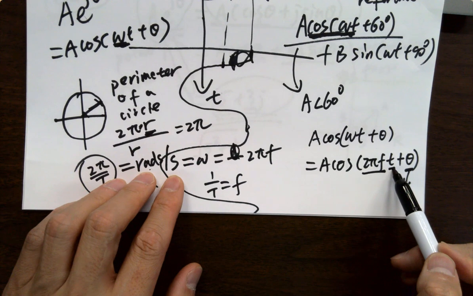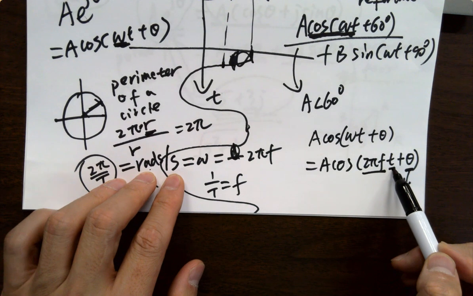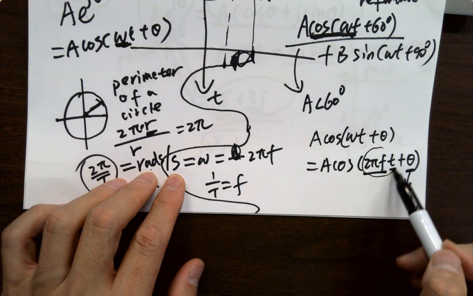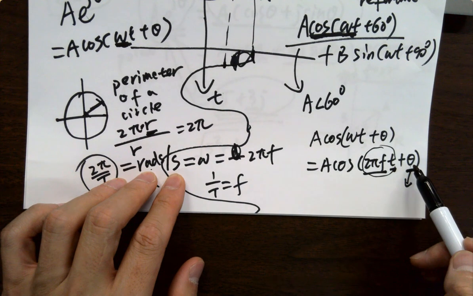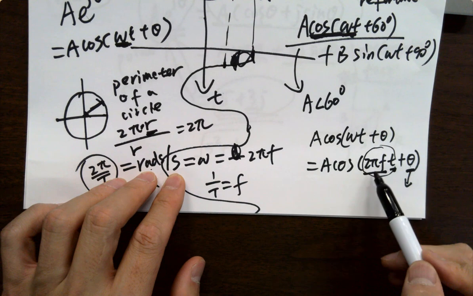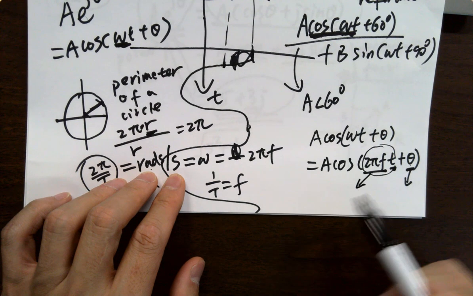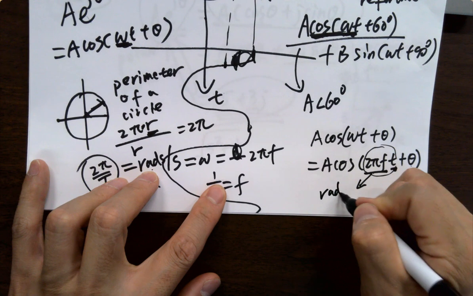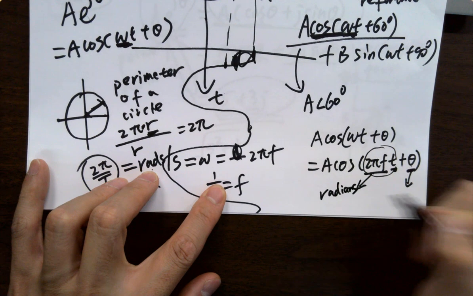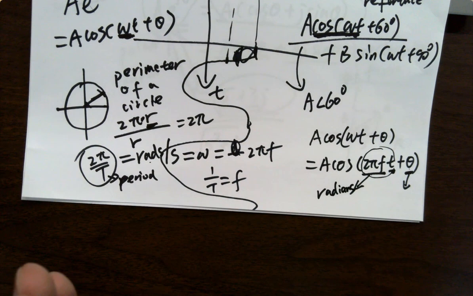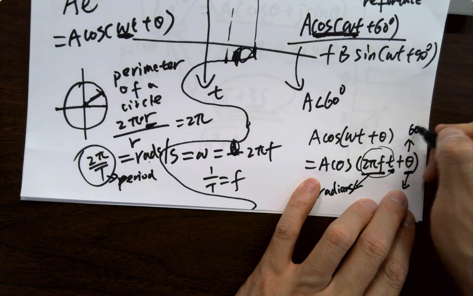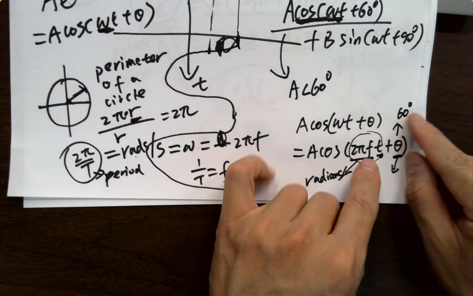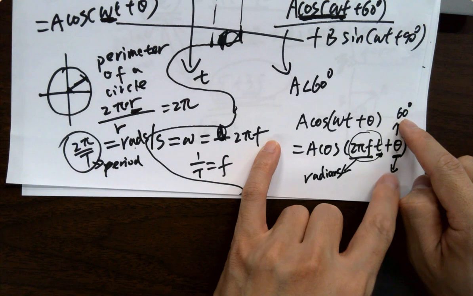T is in seconds. So that's the angle here. That's the phase shift. They are both angles, but this angle is in terms of radians, which means something pi instead of a degree. So if you see this angle being written in degrees, you need to know that they cannot be physically added to each other.